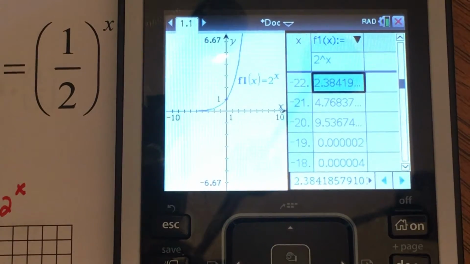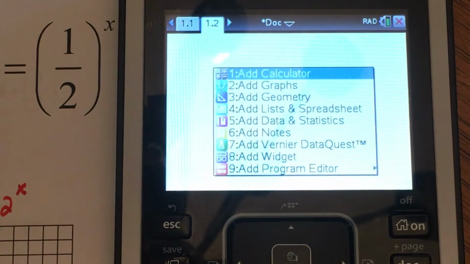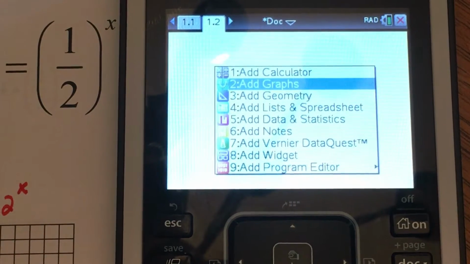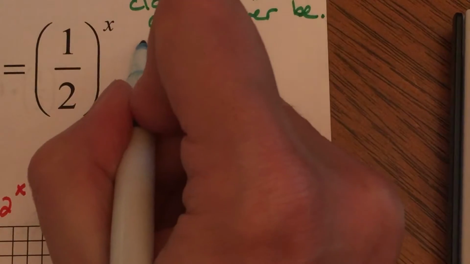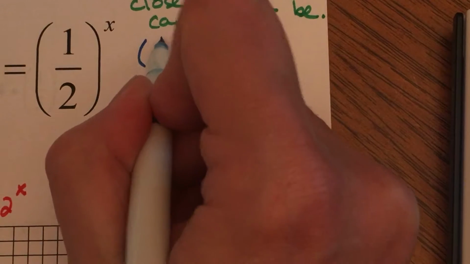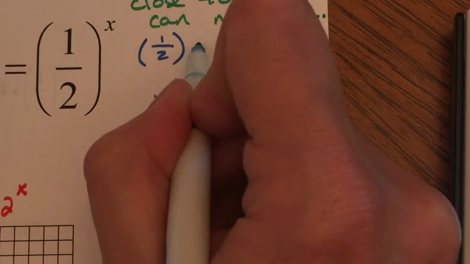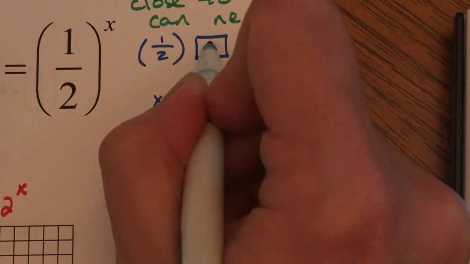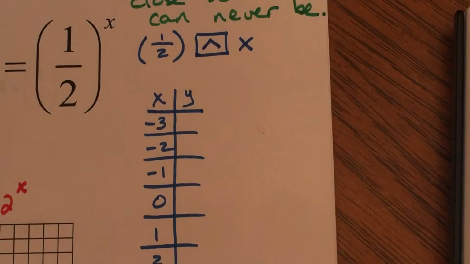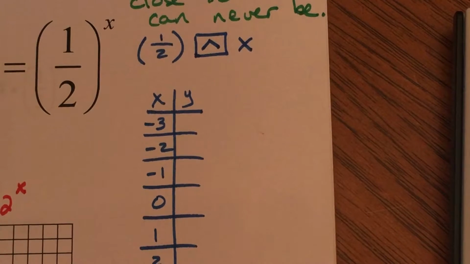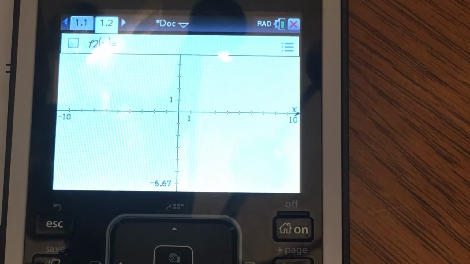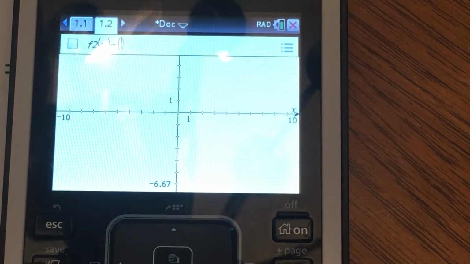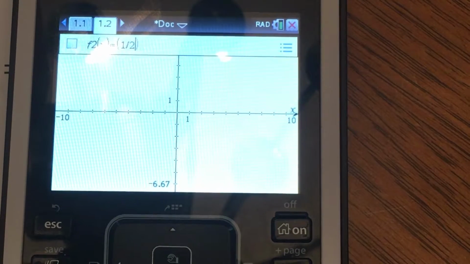So, Control Doc. Let's go get a new graph. And for this one, to type it in, I'm going to use parentheses, 1/2, and then a caret x.